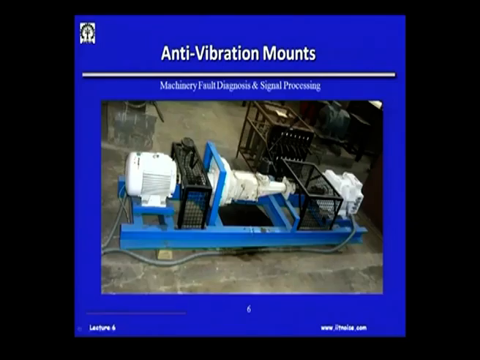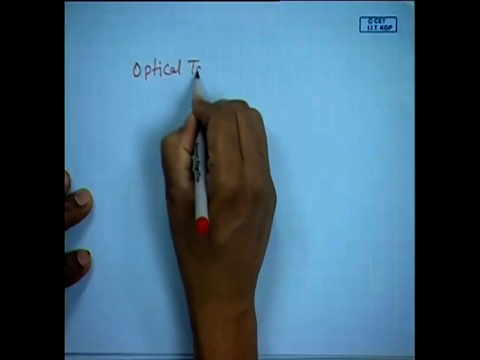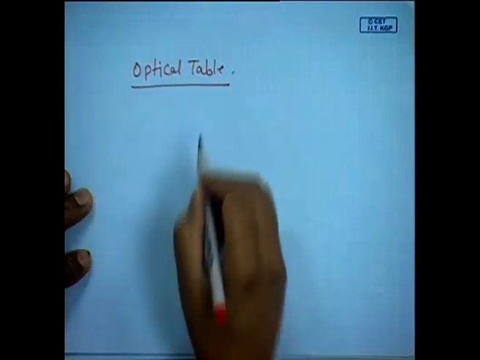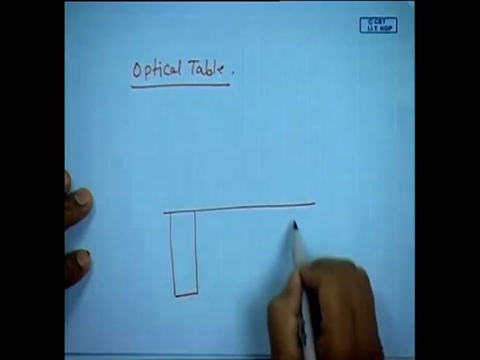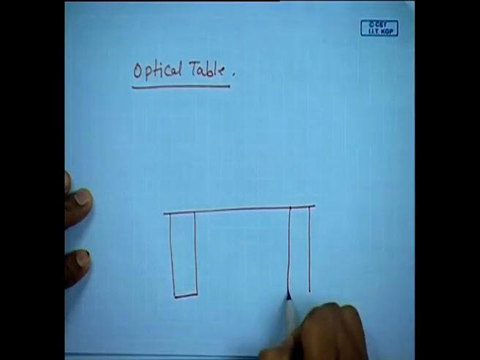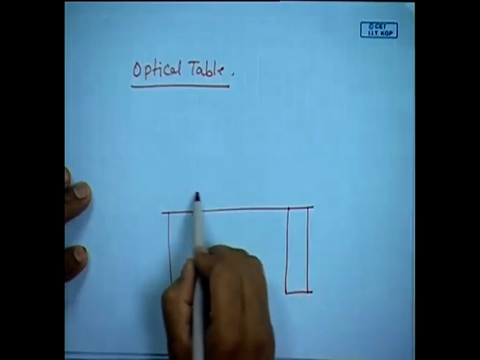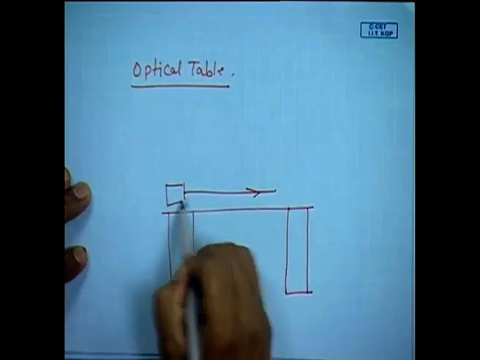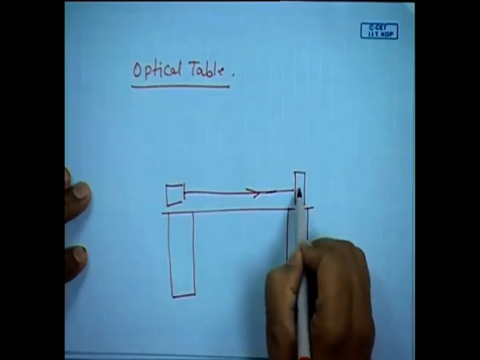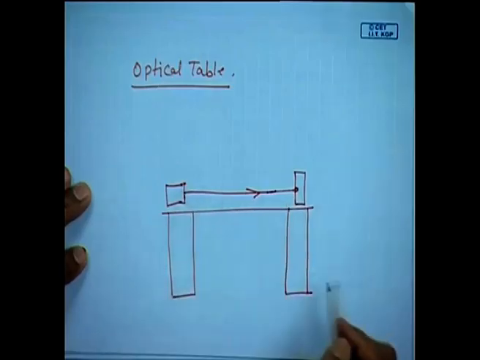So, imagine if next to this machine I had a very sophisticated laser based measuring system, an optical table, wherein this is a table, and there is a laser beam being produced, and it has a certain target which it has to hit or strike.